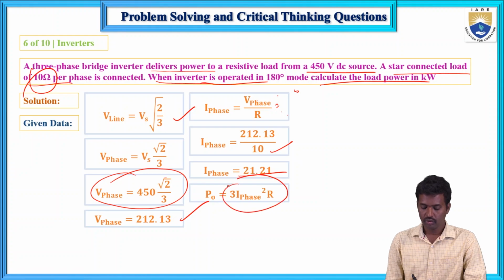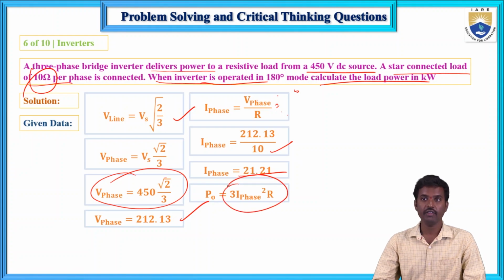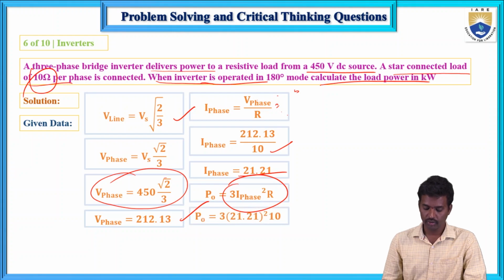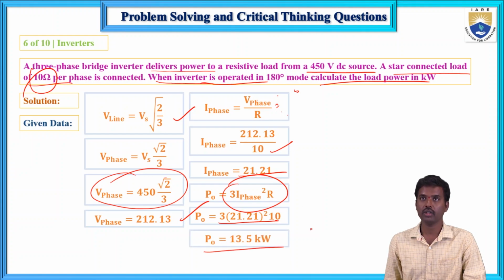Power equals 3 into I phase square into R, that equals 3 into 21.21 whole square into 10, so that value equals 13.5 kilowatts.